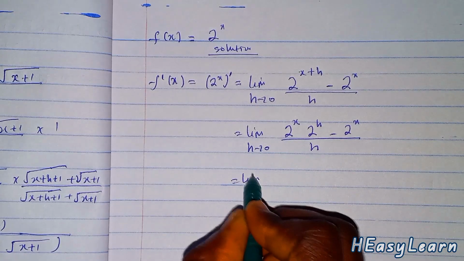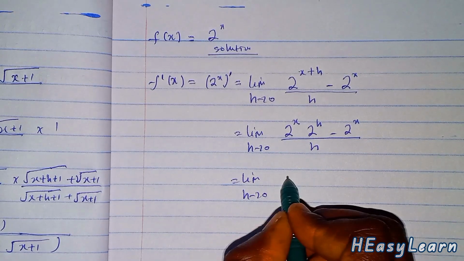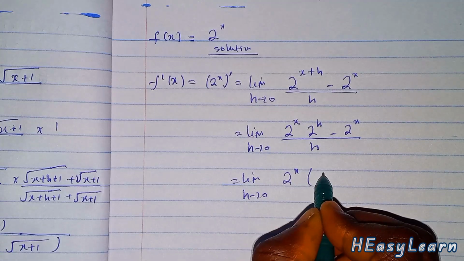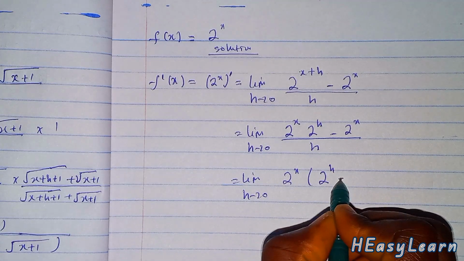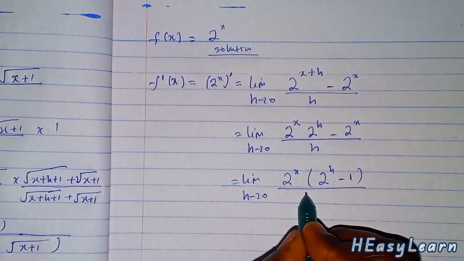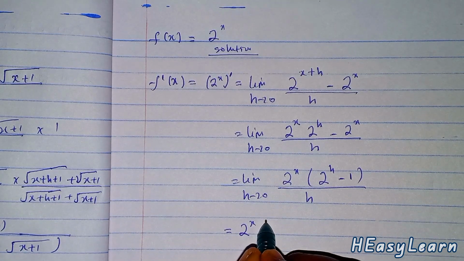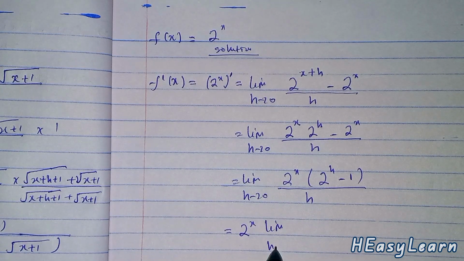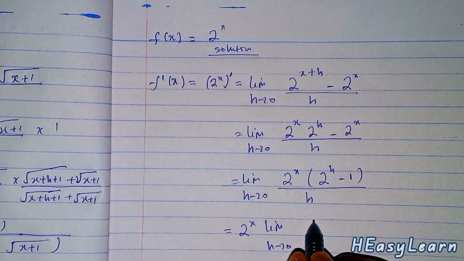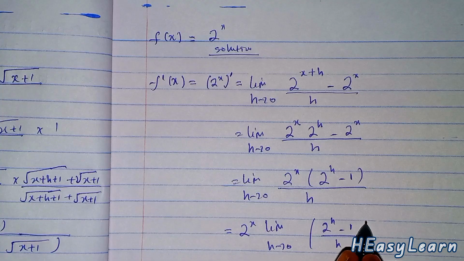The limit h approach 0, 2 to the power of x is common, left with 2 to the power of h minus 1 over h. 2 to the power of x can be factored out, there is no h. 2 to the power of x, the limit h approach 0 of 2 to the power of h minus 1 over h.